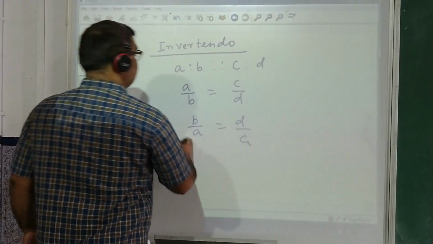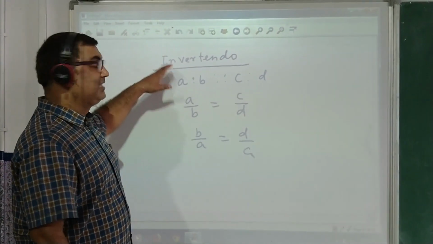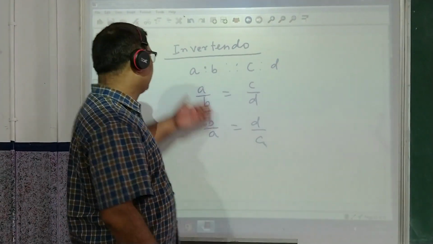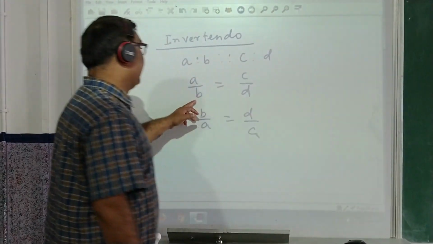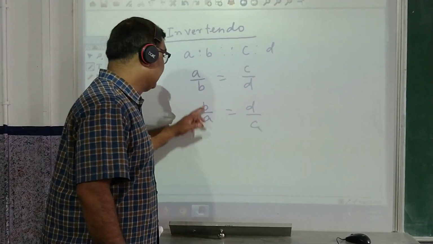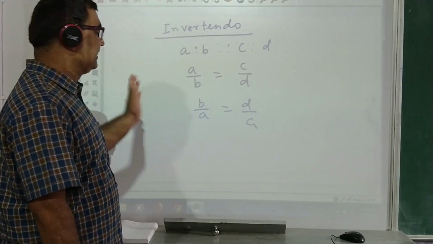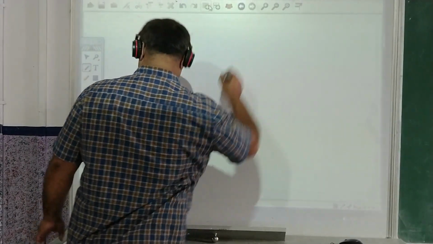So this and this both are the same thing, but it is using the property invertendo. Invertendo means the reciprocal of A is to B and C is to D. So A by B, I have written B by A, C by D, D by C. But the result is same.